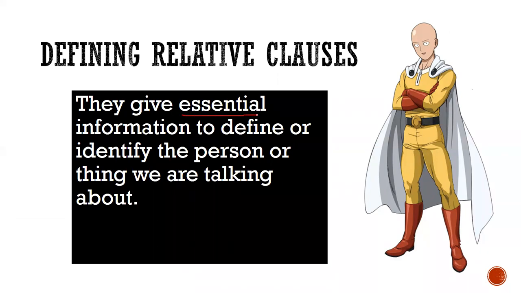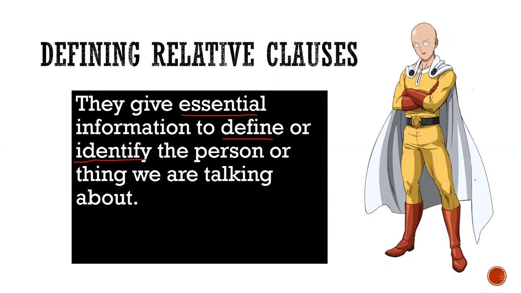Take this to your grave, not literally, but keep this in mind at all times. Defining relative clauses, essential information, they define or identify the person who we're talking about. This is what you need to remember from defining relative clauses.